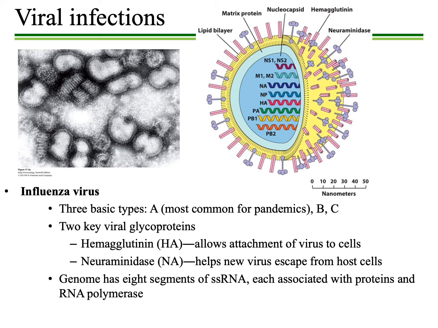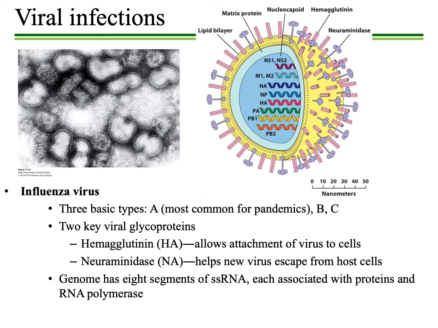Now we can look at one specific type of virus, the influenza virus, and look at it in a little more detail. This particular virus is known to come in 3 different basic types, type A, B, and C. All of the influenza viruses do in fact have 2 key viral components that are glycoproteins, which just means they're proteins that have a carbohydrate linkage associated with them.